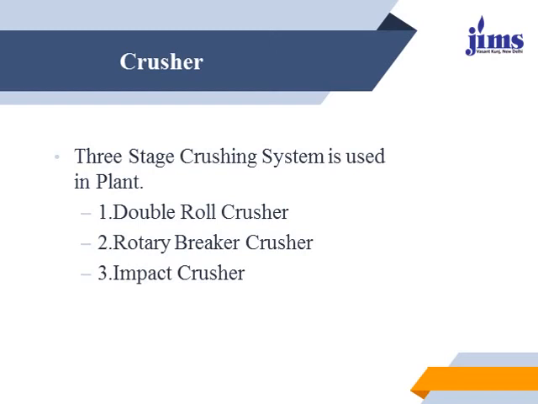If we have to pulverize the coal to a particular grade, this can be done only by a combination of any two of these three, and sometimes by using all three crushers, the coal stone is crushed into smaller pieces, or the pulverized form. Thank you, gentlemen.